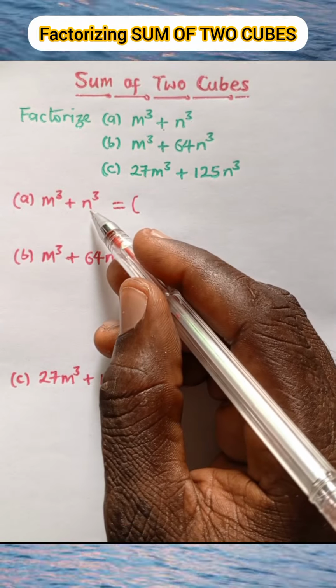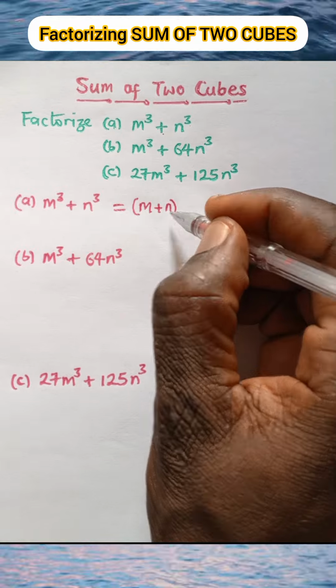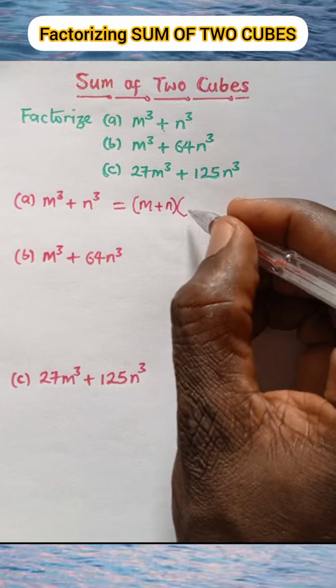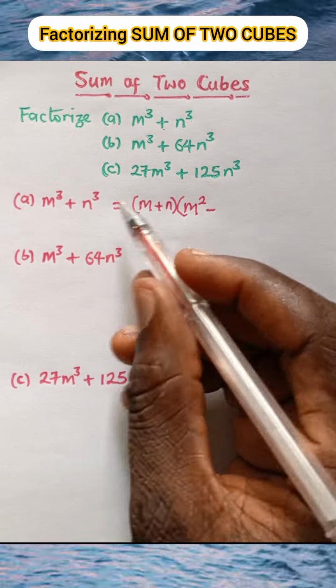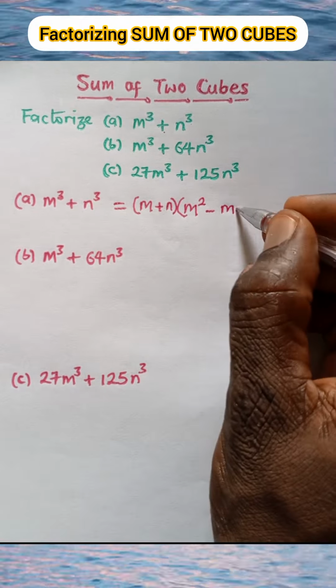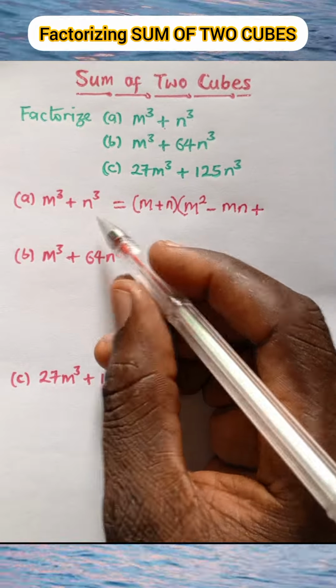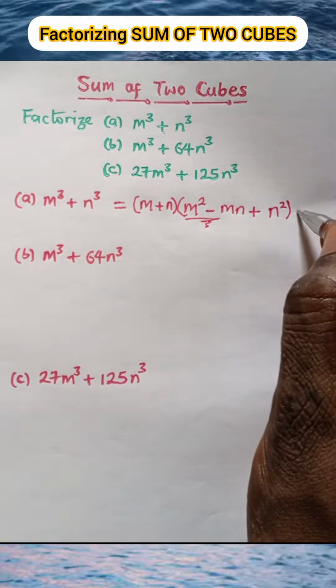The base of the first term plus the base of the second term in one bracket, that is m plus n in one bracket, and then the square of the base of the first term, which is m square, minus the product of both bases, which is m times n, which is mn, then plus the square of the base of the second term, in this case n square. This is the answer to number 1.